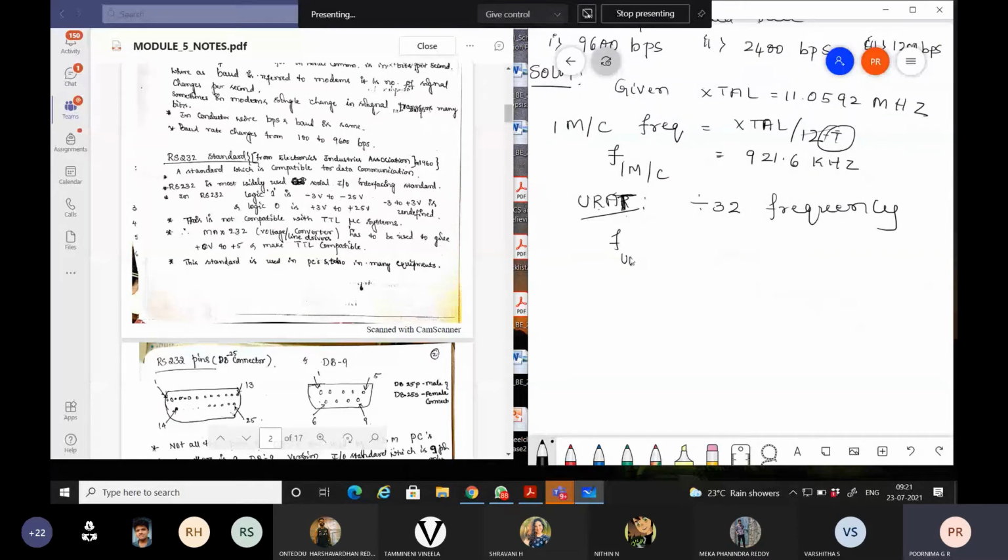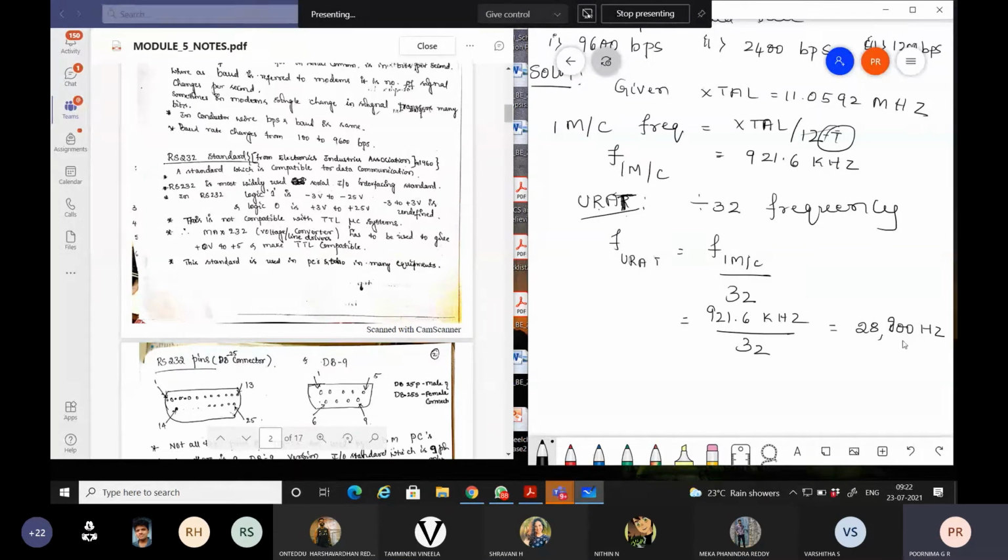Therefore F UART equals F of one machine cycle divided by 32. When you divide 921.6 kilohertz by 32, you get 28,800 hertz. This is the actual frequency your UART will be using.